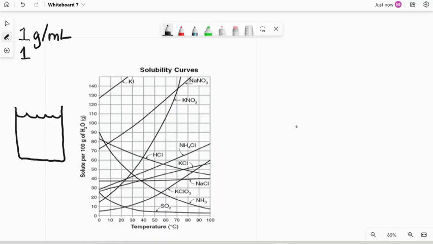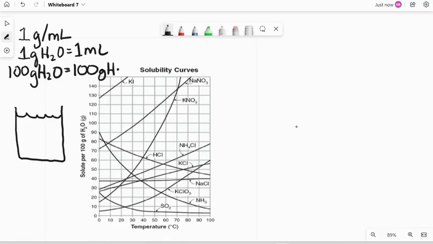You're going to see it written like that. That means that 1 gram of H2O has a volume of 1 milliliter. So if I'm in 100 grams of H2O, what is the volume of 100 grams of H2O? The good thing about the metric system is that we can go back and forth between mass and volume using the density.